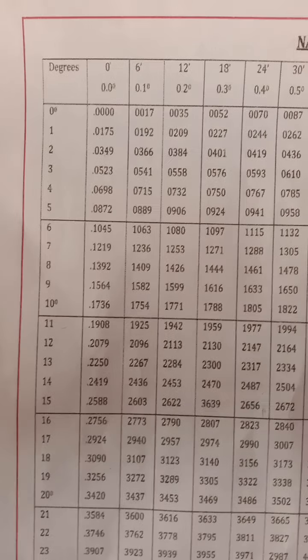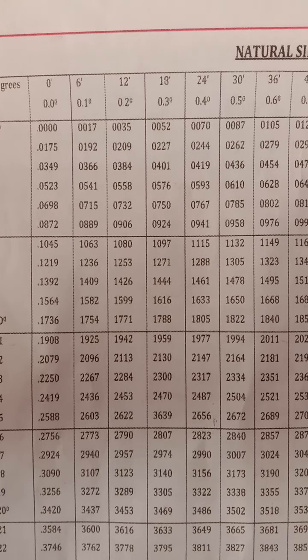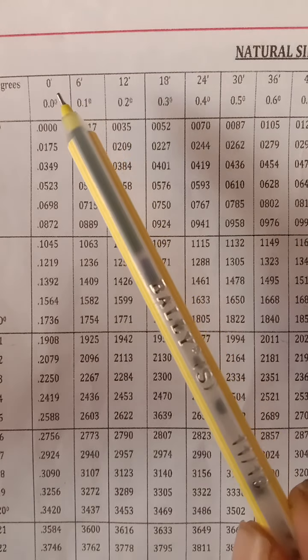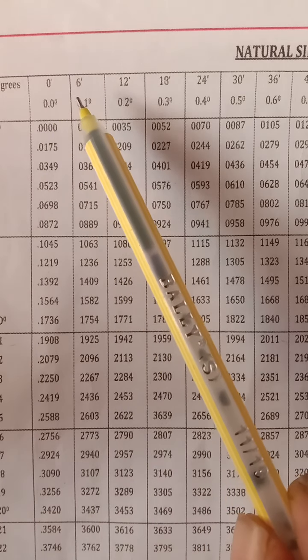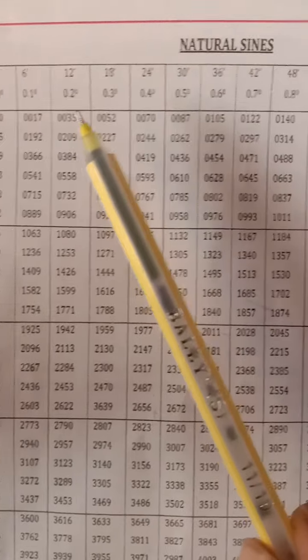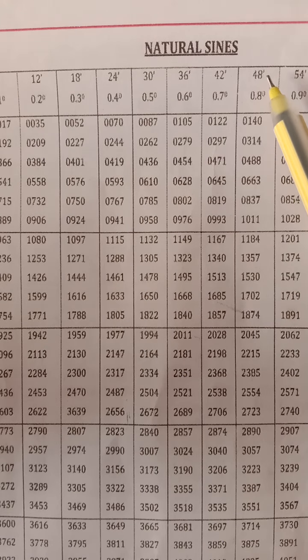degrees. Then next to it, there will be vertical columns which are marked in terms of 0 minute, 6 minutes, 12 minutes, 18 minutes, 24 minutes up to 54 minutes.